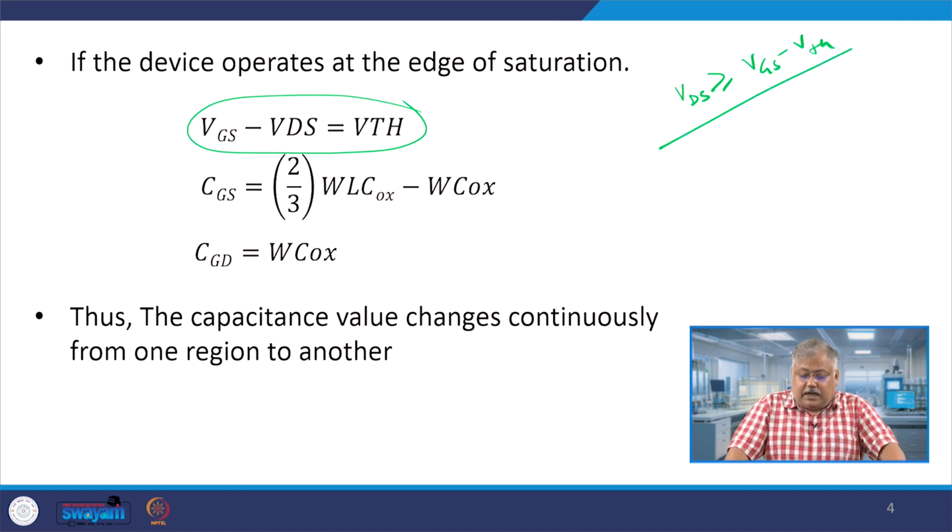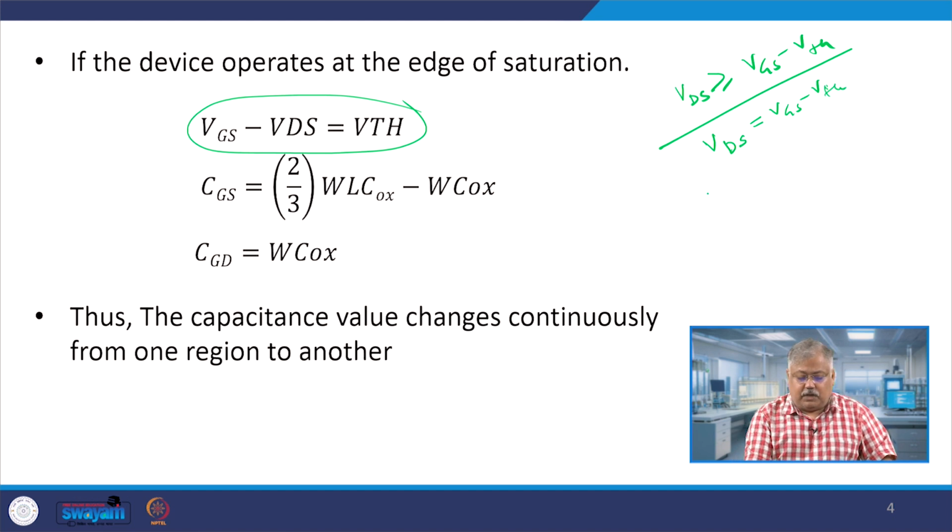And therefore, at the edge where saturation is starting, I will obviously get this expression for VDS. VDS will be approximately equal to VGS minus VTH, correct.